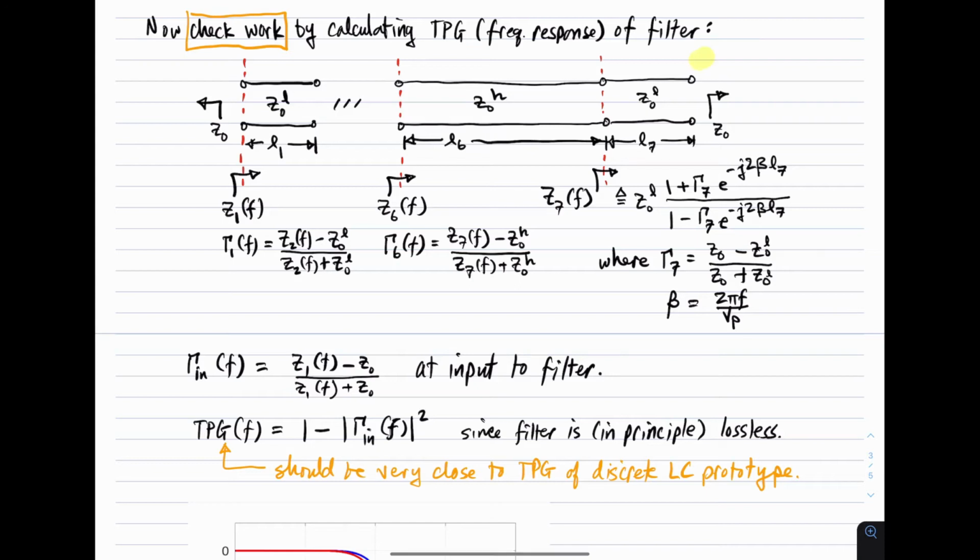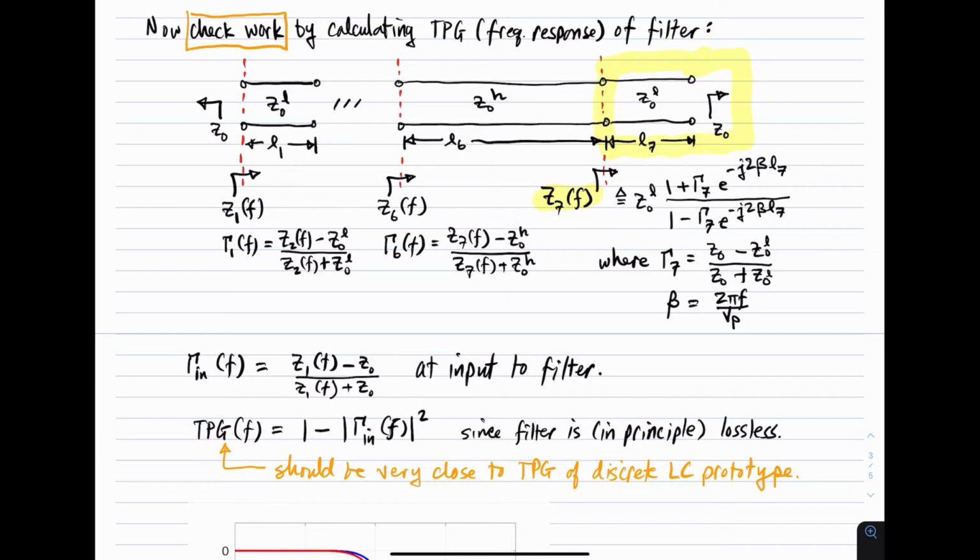If I had just this section of the filter, just that last section, and into the output here, which has a characteristic impedance of Z0, I could calculate the input impedance of just that much. I'll call that Z sub 7. Z sub 7 is a function of frequency, because the electrical length varies with frequency. But we know the input impedance of such a thing.